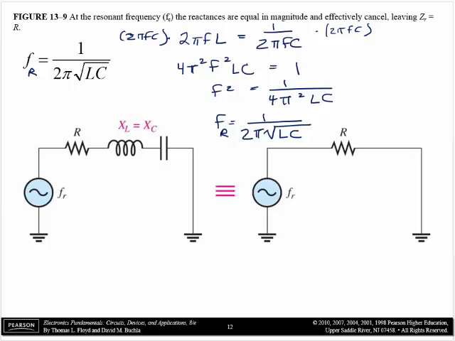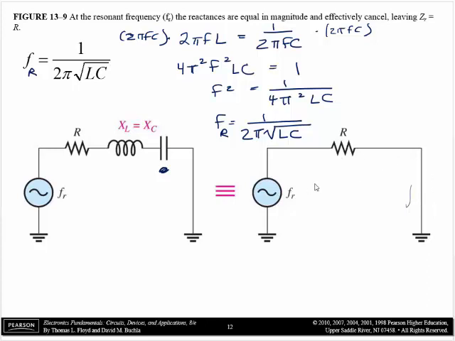That's the frequency where the reactances cancel each other out and you're left with a purely resistive circuit at that frequency only. So at that resonant frequency only, you also have maximum current in this circuit because the ohms from here are canceling out the ohms from this component, and so you're only left with R, and the number of ohms in this circuit is at its absolute lowest possible value at this resonant frequency.